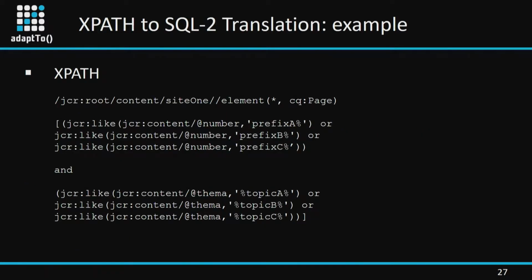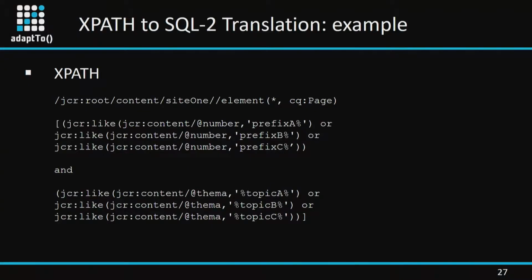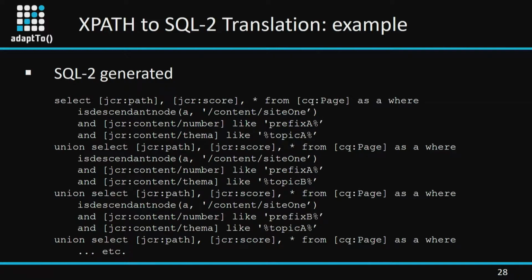Let's look at this example for switching from XPath to SQL2 language. Here is the original XPath query. It contains OR and AND conditions. And what the automatic translation will generate is that statement.